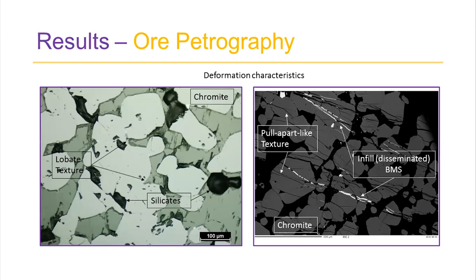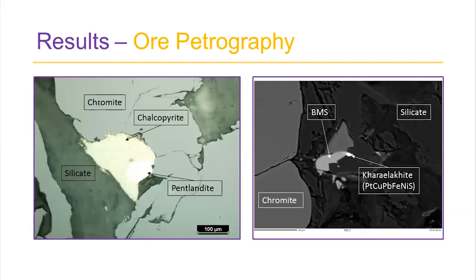We've seen that some of this chromite shows lobate texture. We looked at the individual minerals under a petrographic microscope, and mostly we identified pentlandite and chalcopyrite.